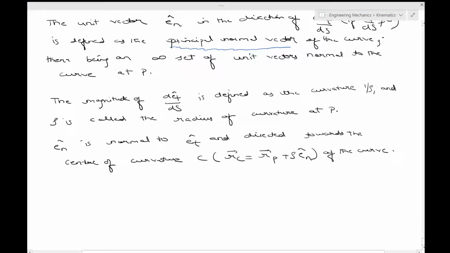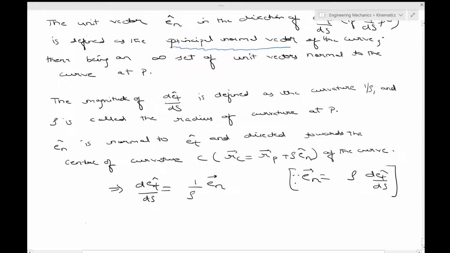And so this implies that dEt by ds is actually equal to 1 by rho En, just because En is directed towards dEt by ds and its magnitude is 1 by rho. So that's how we can write this.